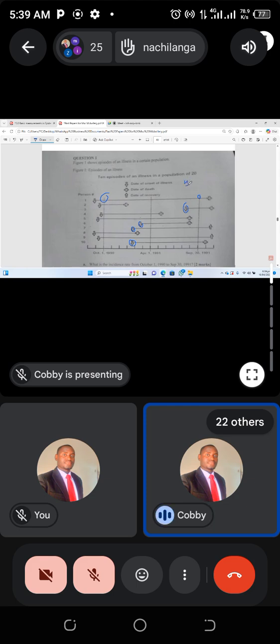So we have 4 out of 20. Then we can multiply by 1000.